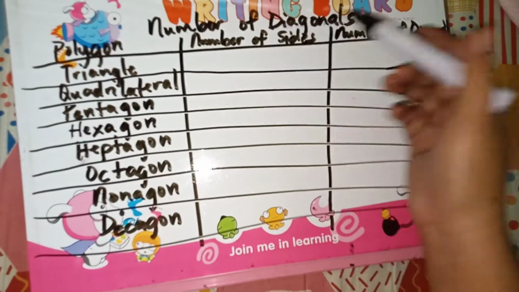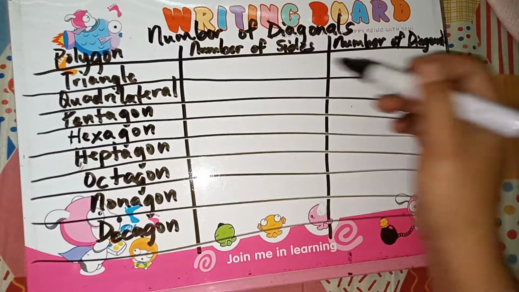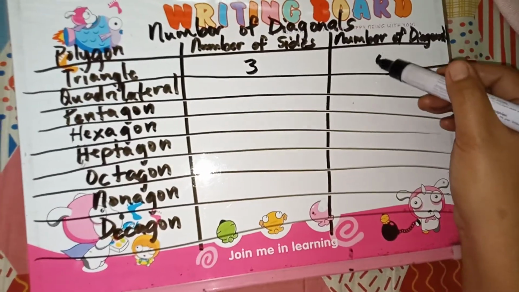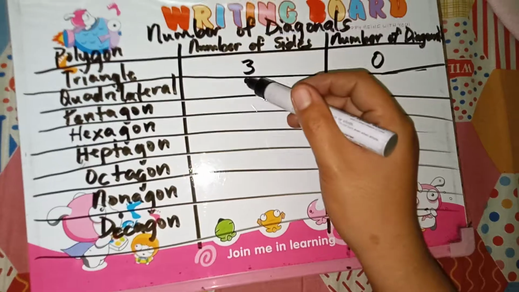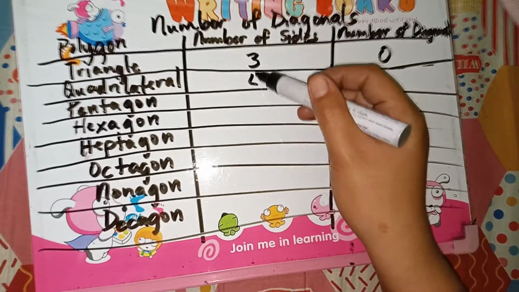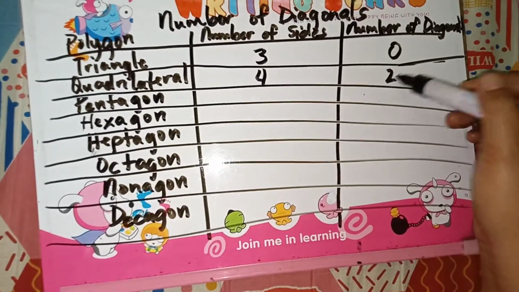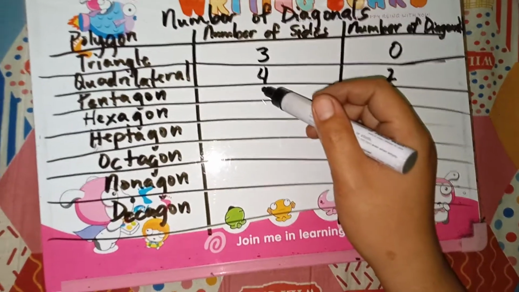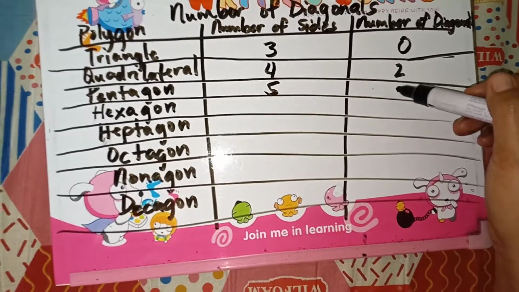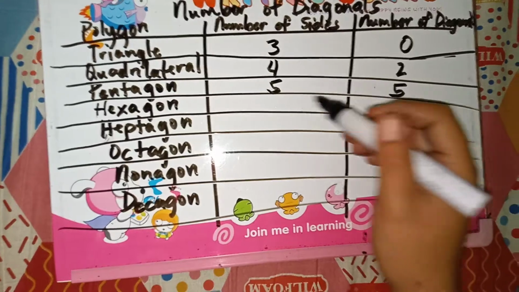For the triangle, we have 3 sides and the number of diagonals is 0. For the quadrilateral, we have 4 sides and the number of diagonals is 2. For the pentagon, we have 5 sides and the number of diagonals is 5.